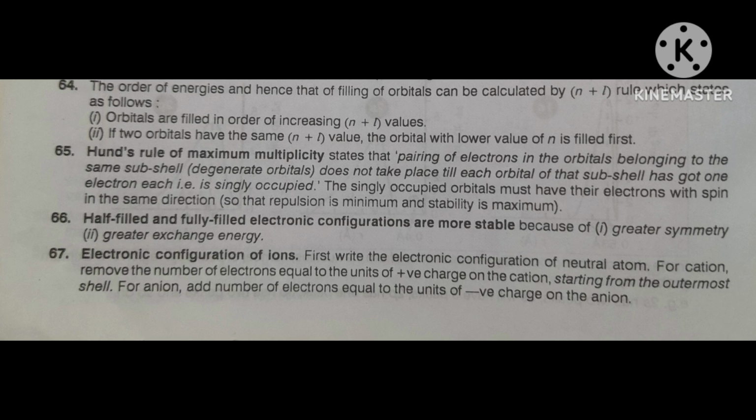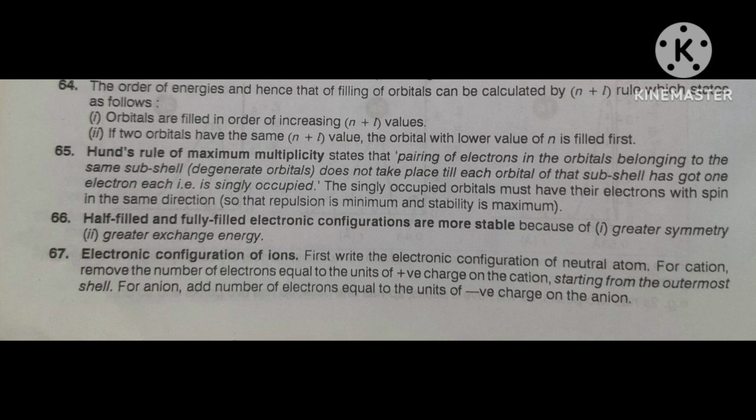Hund's rule states that pairing of electrons in the orbitals belonging to the same subshell does not take place till each orbital of the subshell has got one electron each, that is, singly occupied.